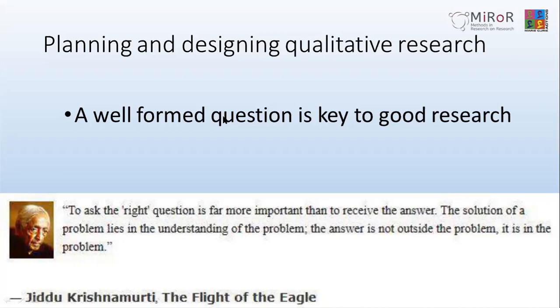If somebody comes ahead and tells you, okay, tell me what is your objective, try to understand that that person is focusing more on quantitative rather than on the qualitative side. In qualitative, we are focusing more on the well-formed question rather than the objectives, whether they are there or not, we will see later on once I enter into that part of it.